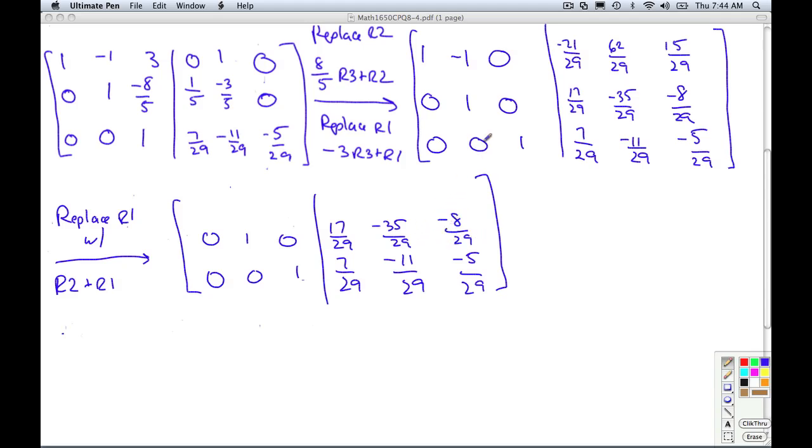And row 1 now I'm going to get by adding row 1 and row 2 together. So 0 plus 1 is 1. 1 plus negative 1 is 0. 0 plus 0 is 0.